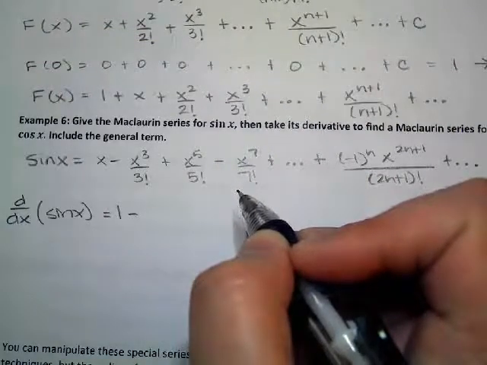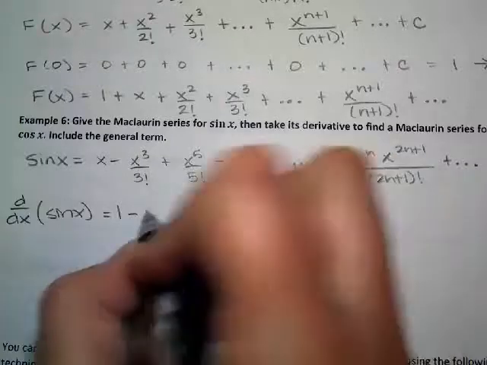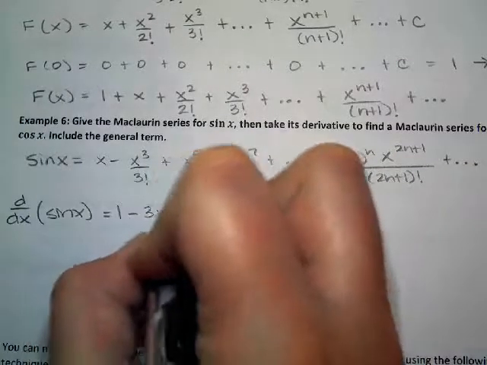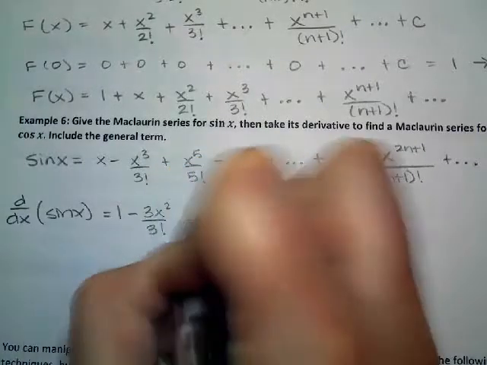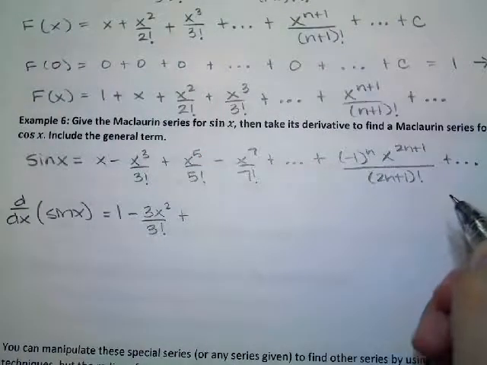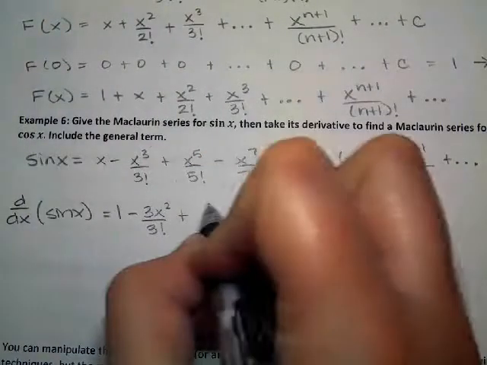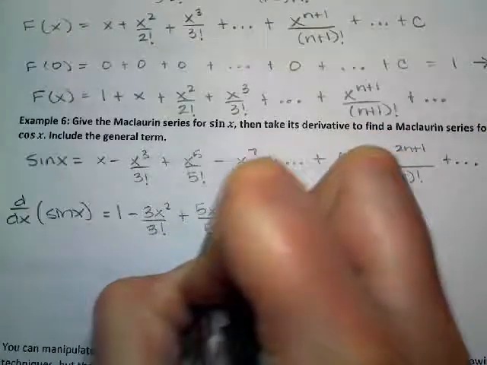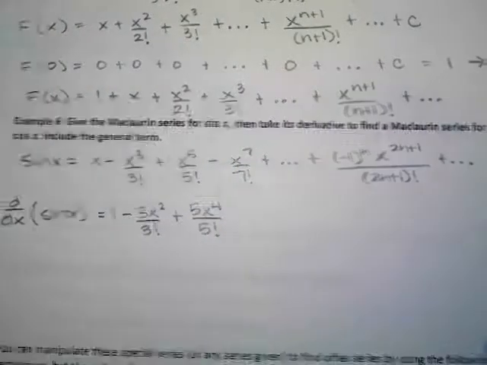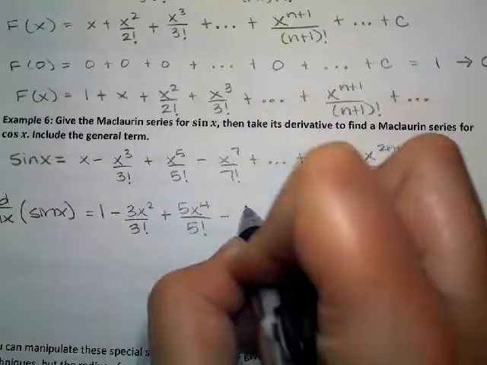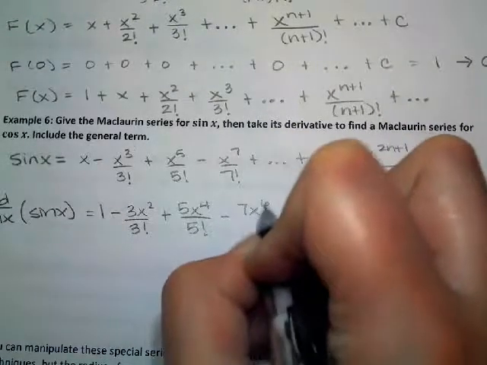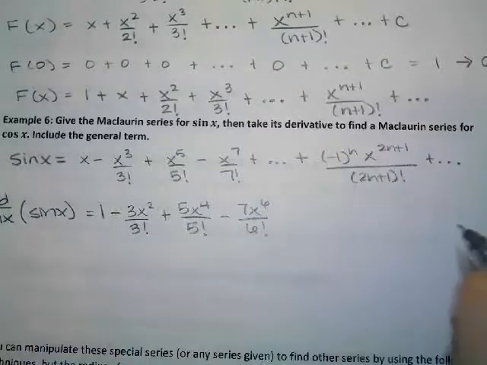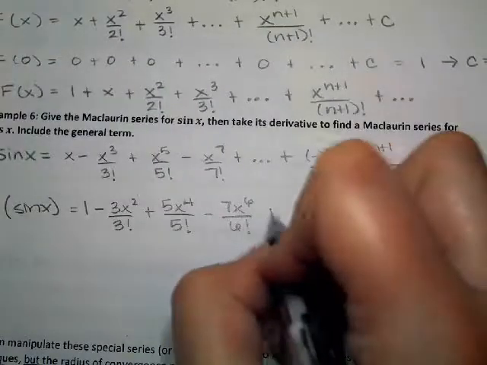Okay. And then x to the fifth over 5 factorial would be 5x to the fourth over 5 factorial minus 7x to the 6th over 7 factorial.